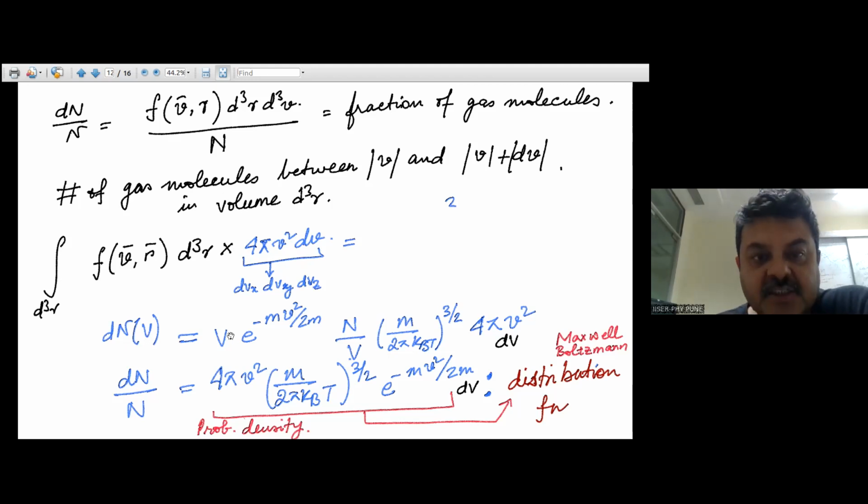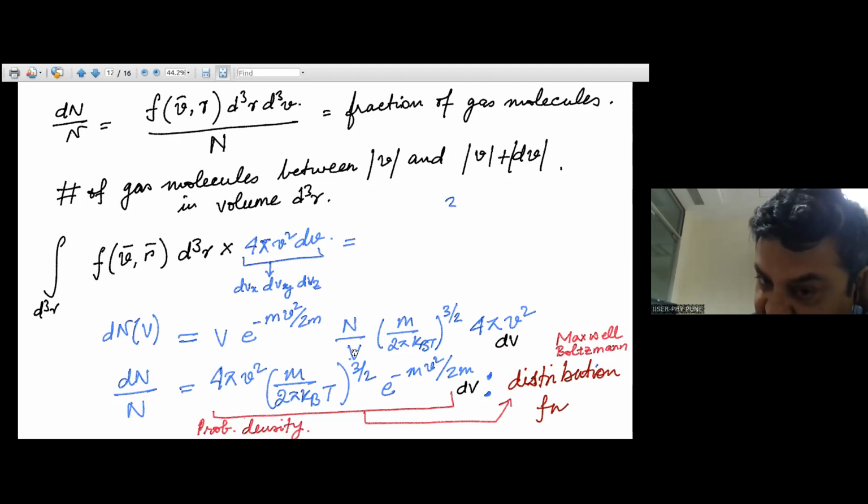Yeah. So we have integrated over d3r to get this V e to the power minus mv square by 2, n by V, as we had got previously. Right, the expression for f(v, r). This was the prefactor, m by 2 pi kBT to the power 3 by 2, 4 pi v square into dv.